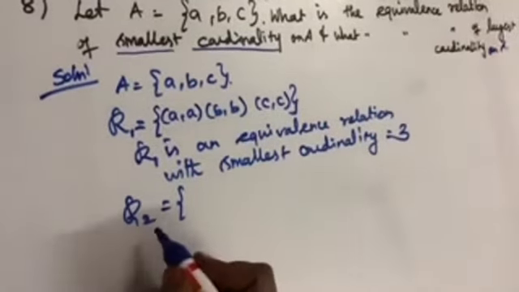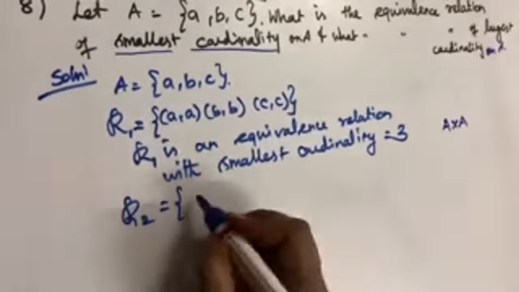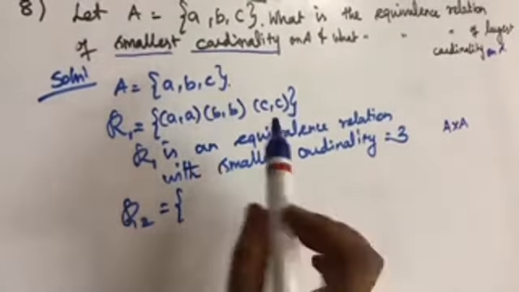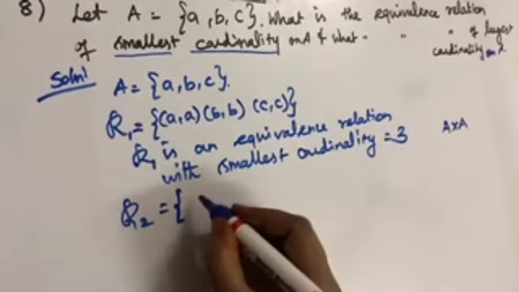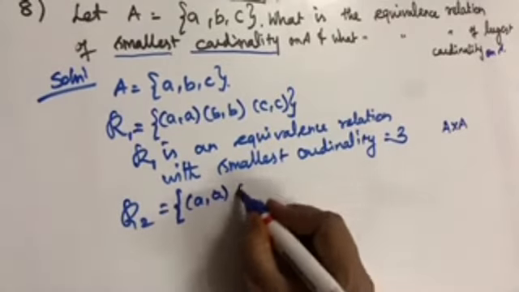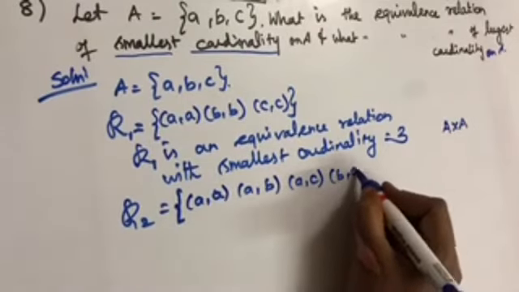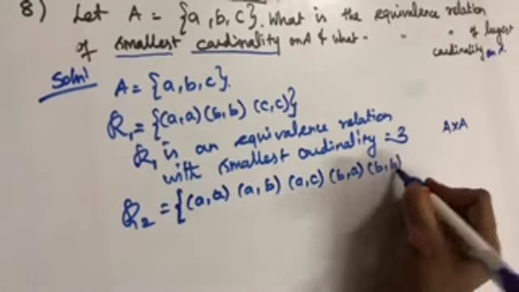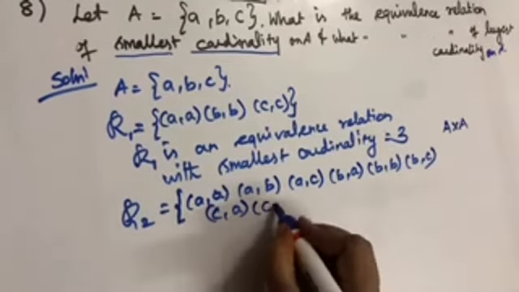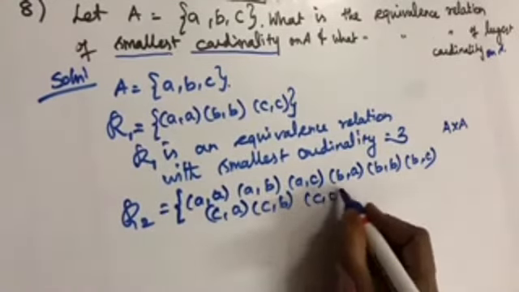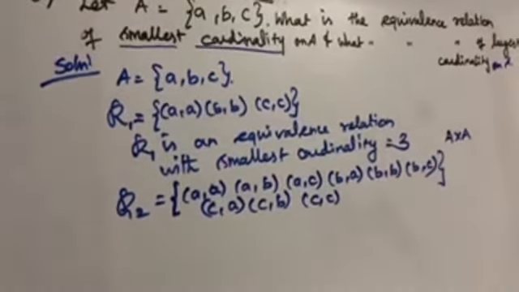So the relation contains all the elements of A cross A. So the set of ordered pairs that can be formed with the set A. So A comma A, A comma B, A comma C, B comma A, B comma B, B comma C, C comma A, C comma B and C comma C. Okay, these are all the possible elements.